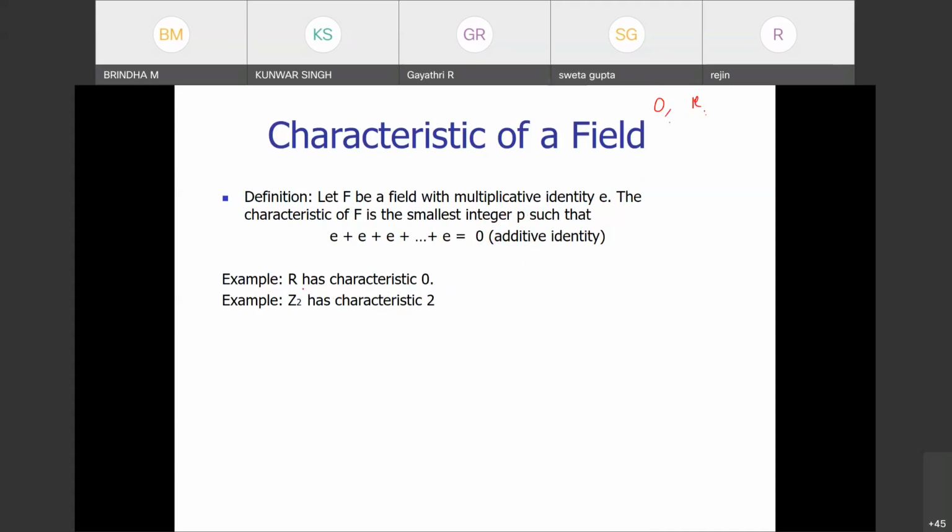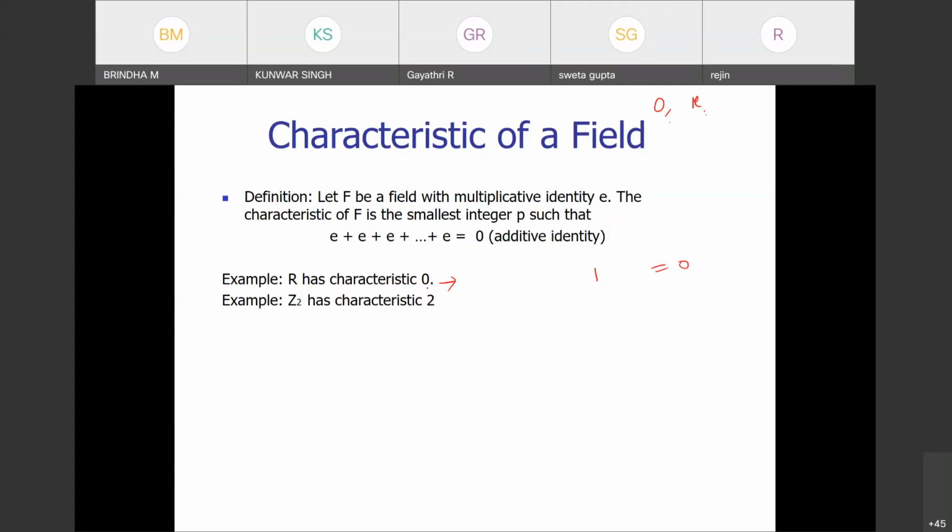For example, in the field of real numbers, R with addition and multiplication, what is the characteristic of R? You can't say how many times you will add 1 so that it becomes 0. So if P doesn't exist, then the characteristic is 0.